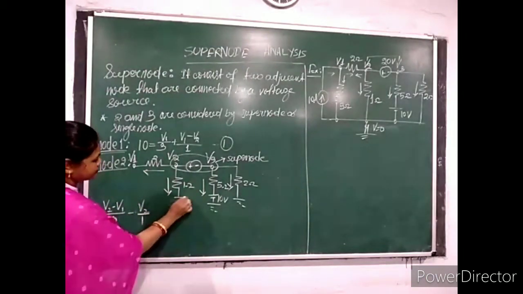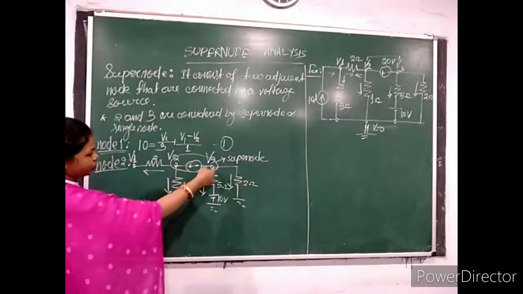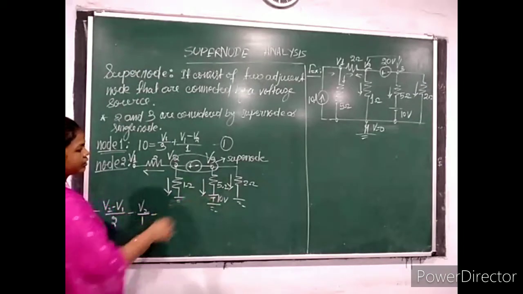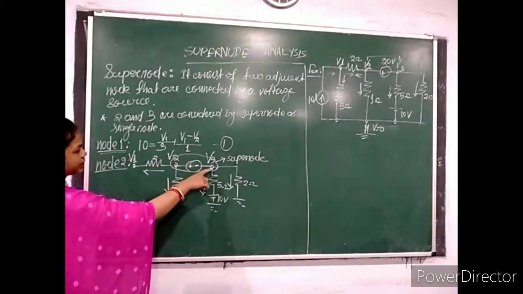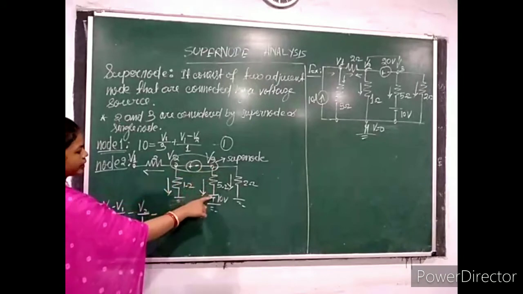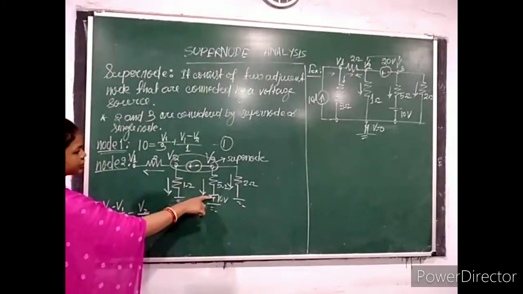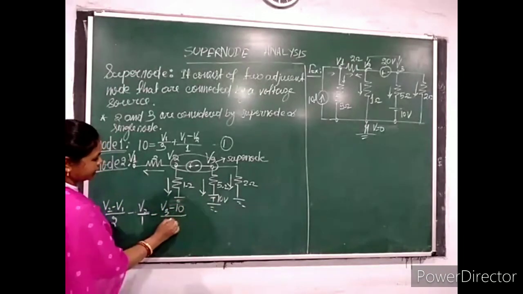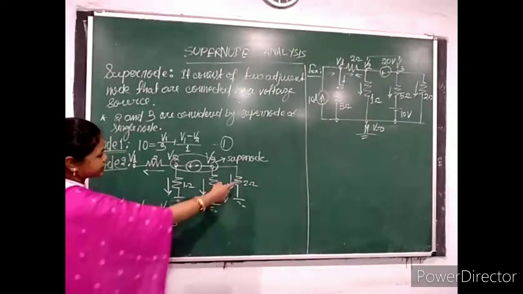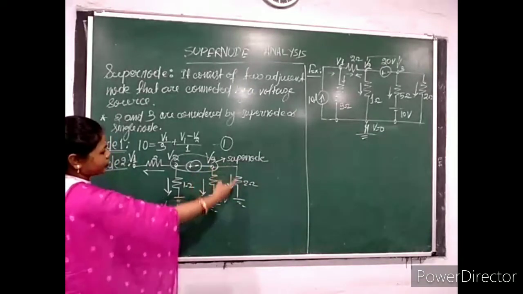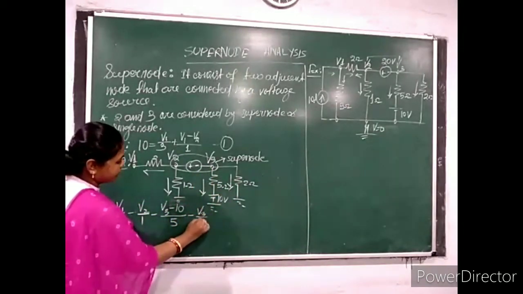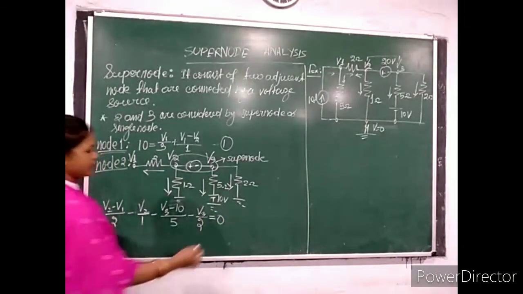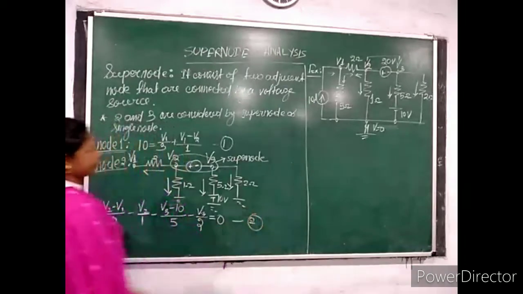Then through 5 ohm, here another 10 volt voltage source is there. Here the potential is V3, it is the higher potential point, plus terminals are towards each other. So V3 minus 10 by 5. Then through 2 ohm, V3 by 2, is equal to 0. Okay, this is equation 2.